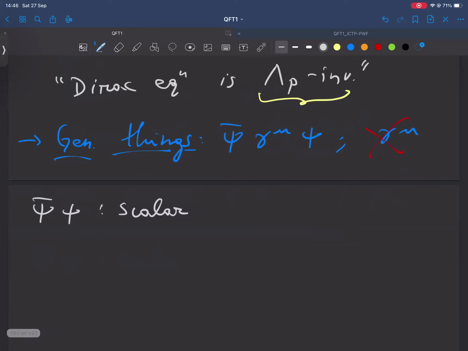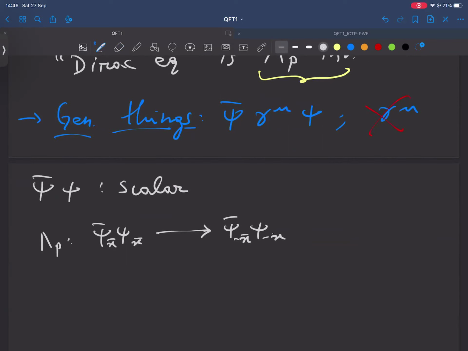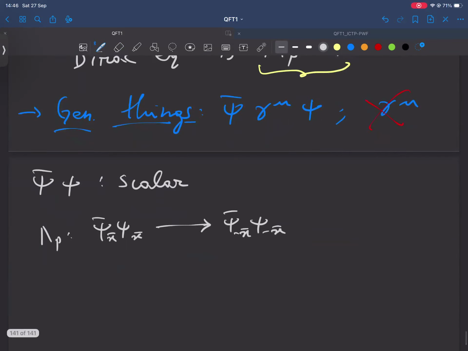Note that under parity, scalars will just remain like that. Here x is the 3-vector x, but I'll not write the vector on top. They just map to themselves with the space position now reflected.